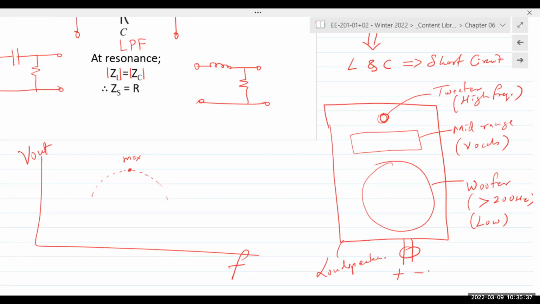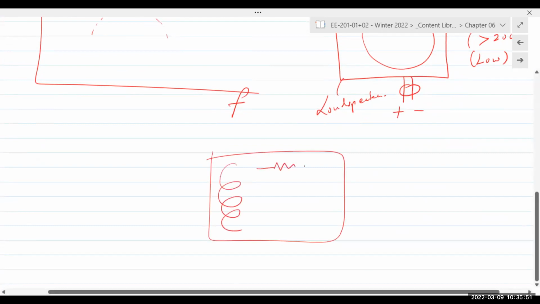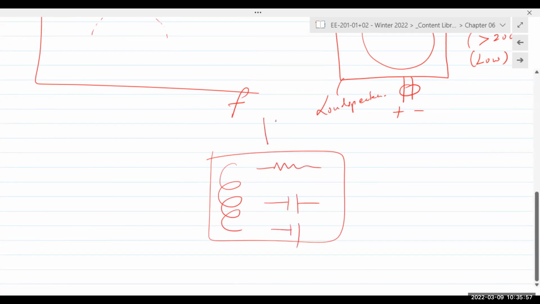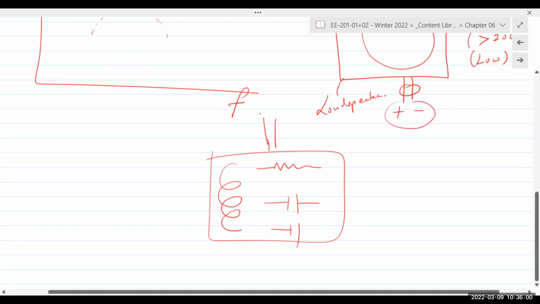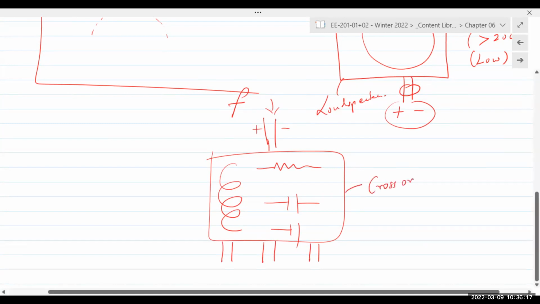In expensive ones like these, if you open up the back, which is not difficult to do, you would see a cable going into a circuit board that might have a heavy coil, a few resistors, and a few capacitors, and two inputs coming from your system. That single input is split into three, and each one is connected to a filter output. This is known as the crossover network.